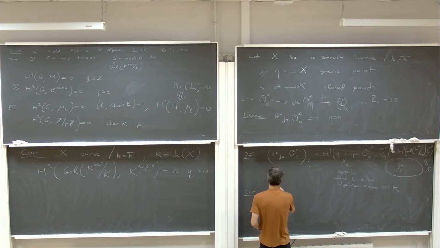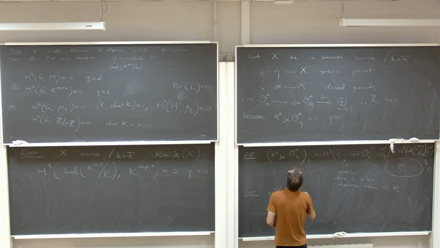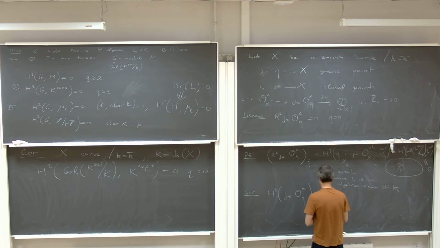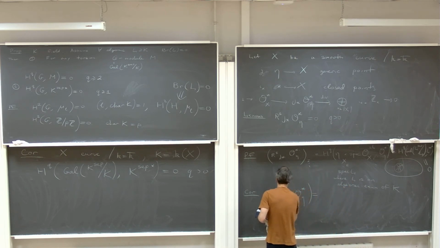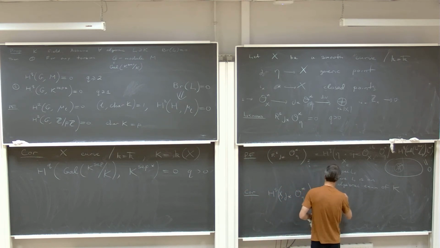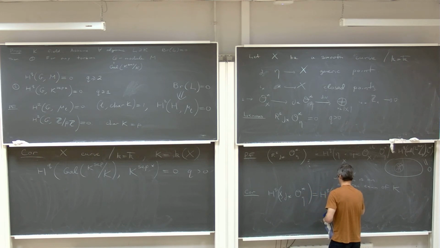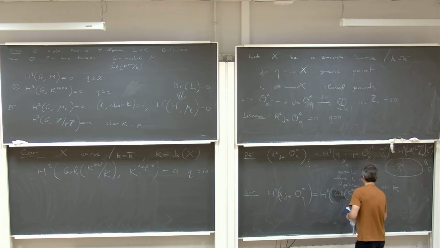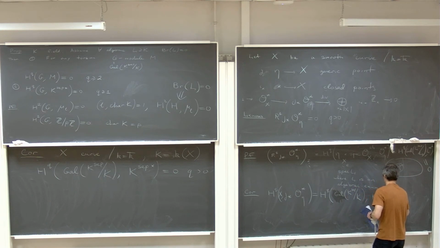So what it means, the corollary of this, is that the homology of my curve X with coefficients in this sheaf is the same as the homology of eta with coefficients, which I will write as the Galois homology of K^sep with coefficients in (K^sep)^*.